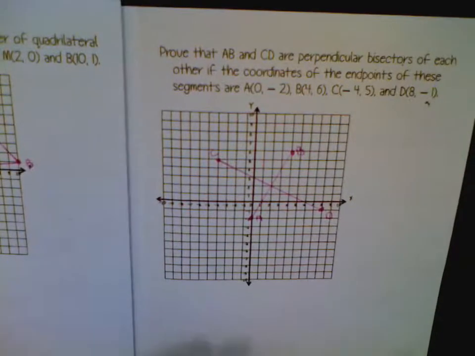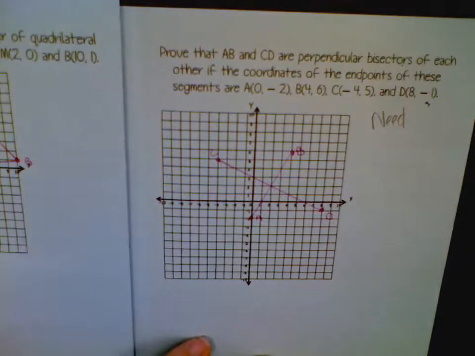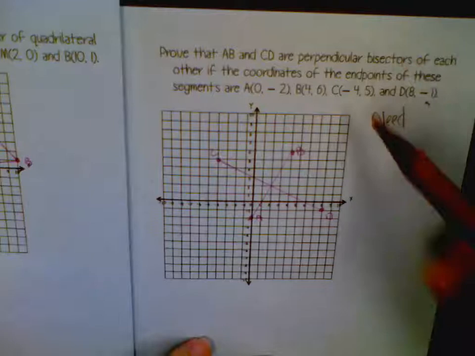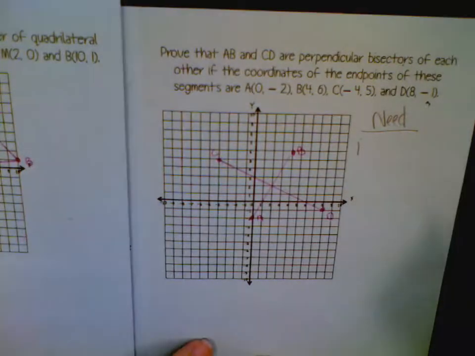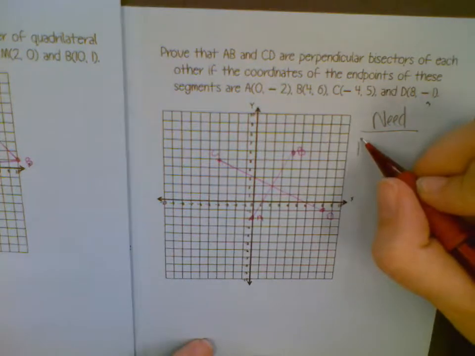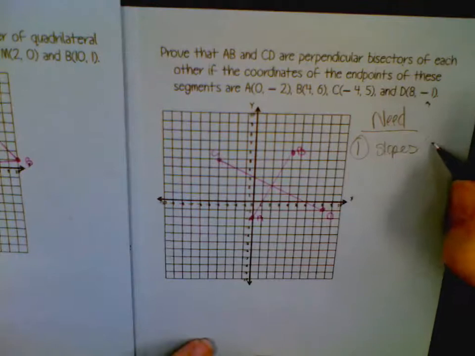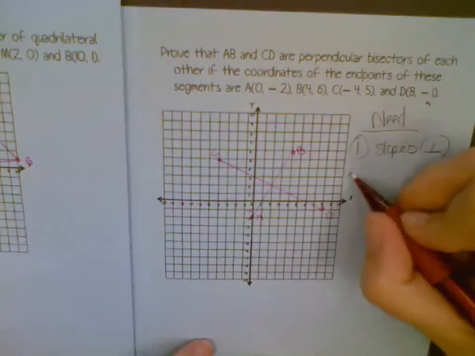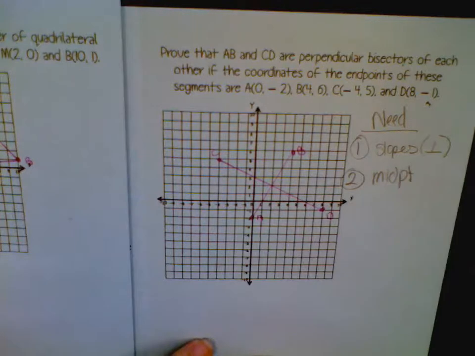Okay, so moving on to our last example, we want this one to show that they are perpendicular and bisect. So this time we have 2 line segments, perpendicular bisectors. So to be perpendicular, we need to show that their slopes are opposite reciprocals, and then we need to show that they have the same midpoint to show that they bisect.